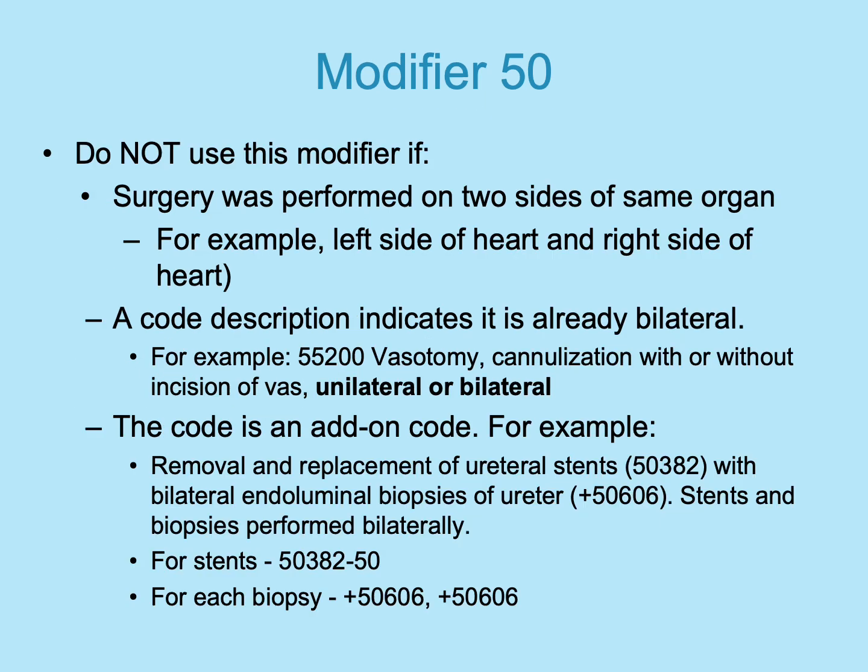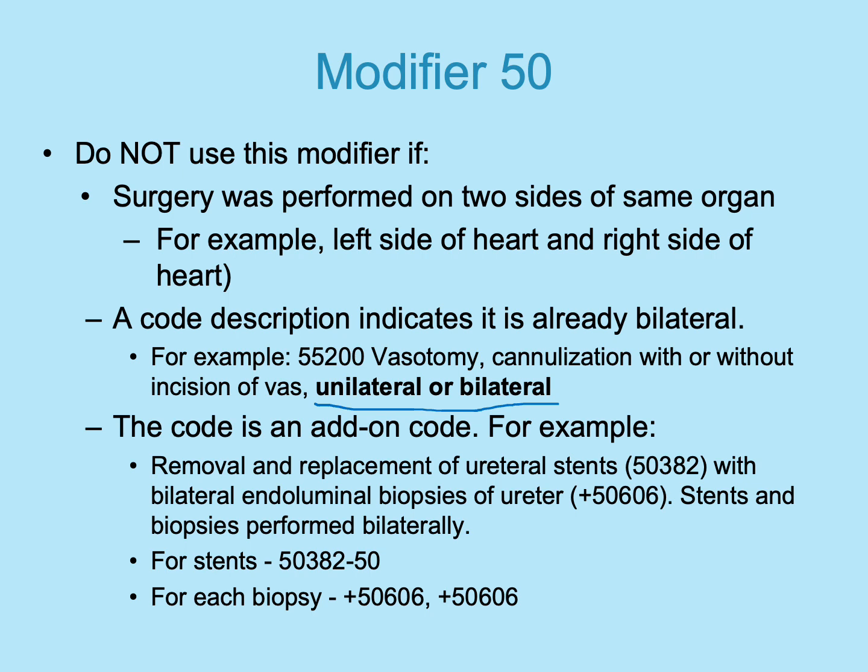Do not use modifier 50 if surgery is performed on 2 sides of the same organ, or if a code description indicates it is already bilateral. For example, 55200, cannulization with or without incision of vas, unilateral or bilateral. You're not going to use a modifier 50 for that, because that already says that it's bilateral.